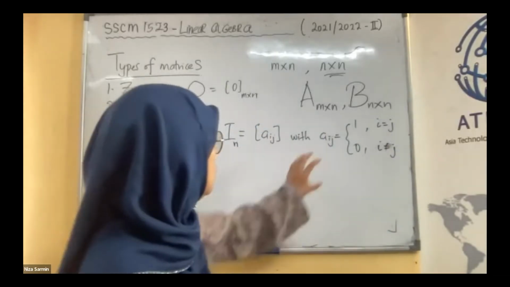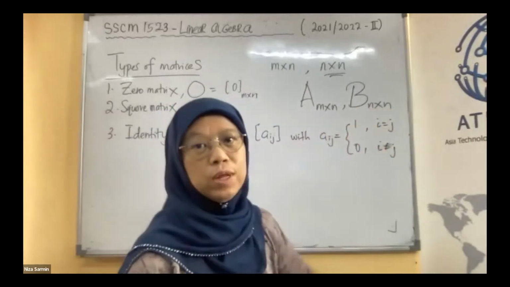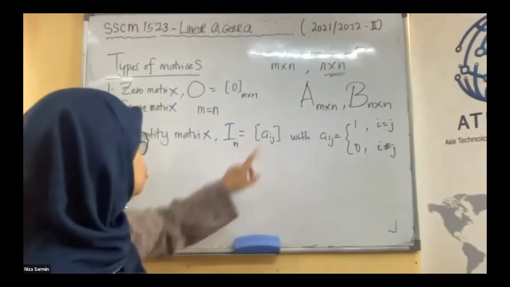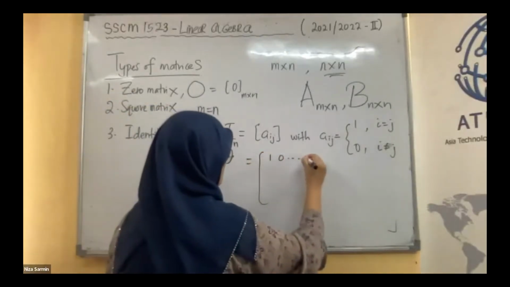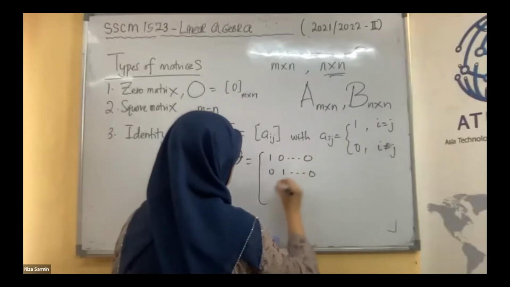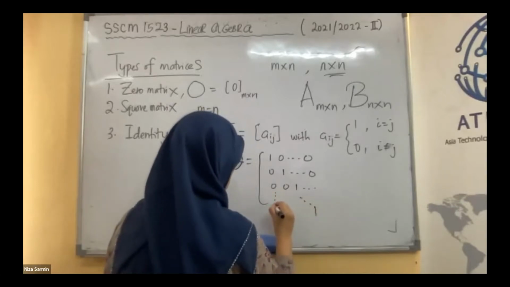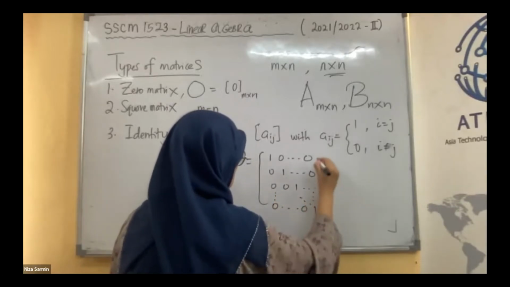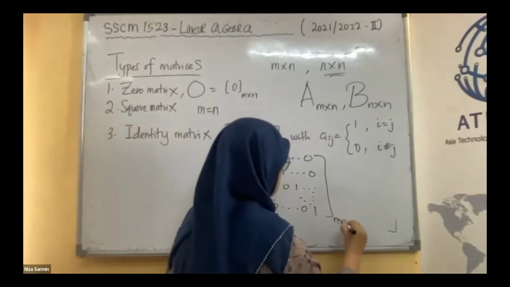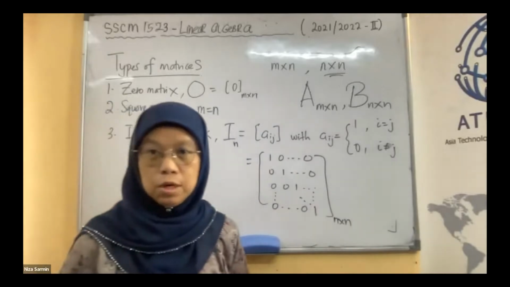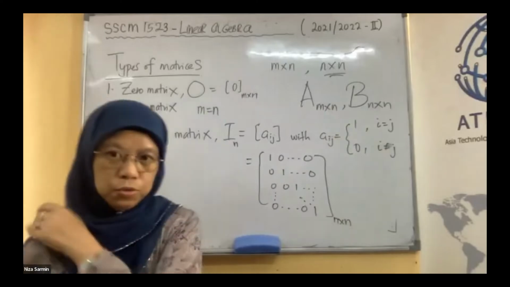If you are given this kind of situation, you have to know what it means. You cannot just get used to writing up the identity like this. This is in general, or N by N. It's a square with the diagonals equal to 1 and the rest 0.